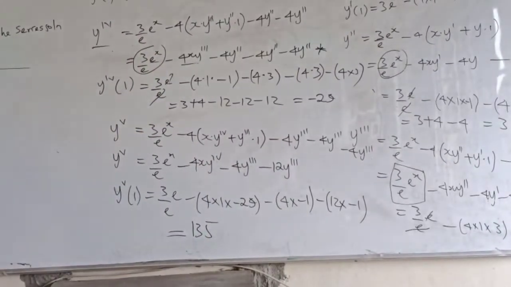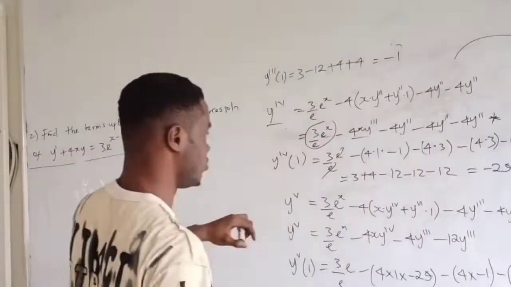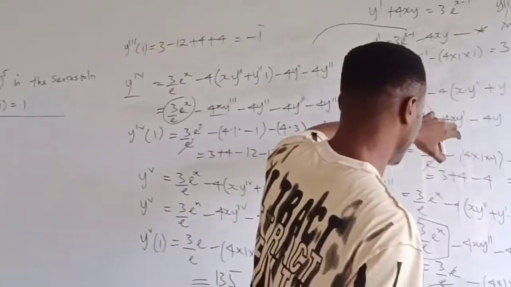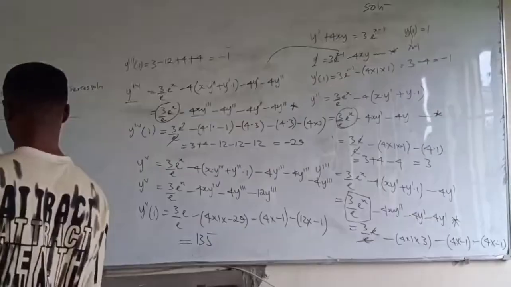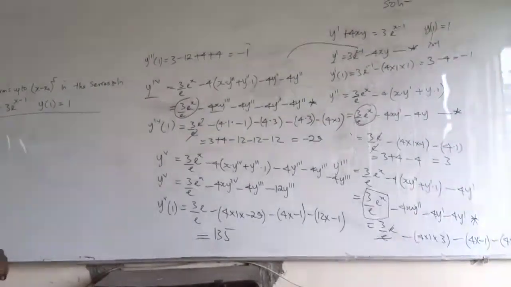So the last step you're going to do is to take the values of everything I've gotten and substitute them into the Taylor series.